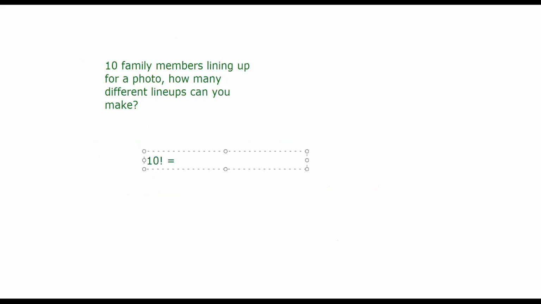So for instance, if you want to know, you have 10 family members lining up for a photo, how many different lineups can you make? Well, that would be 10 factorial, which is 10 times 9 times 8 times 7 times 6 times 5 times 4 times 3 times 2 times 1.